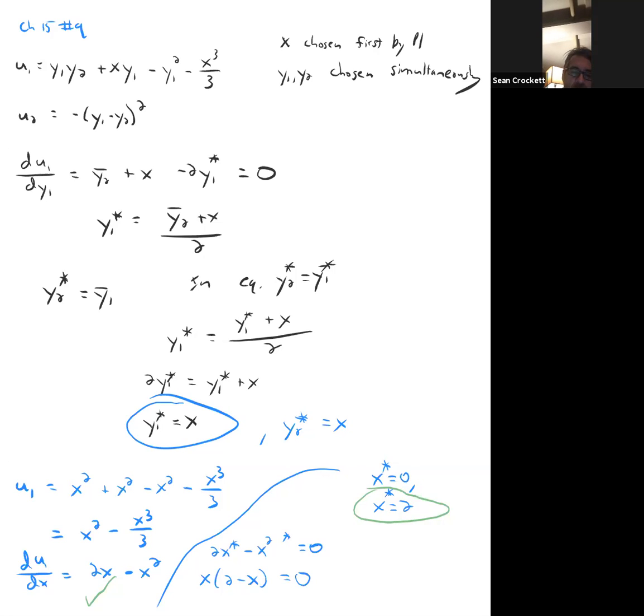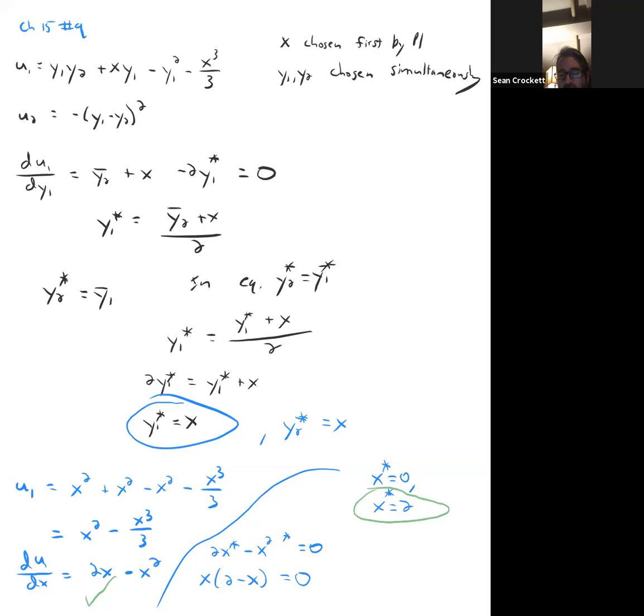And if the subgame is played in equilibrium, then we go back to the initial game and say, okay, the whole game overall has to be played in equilibrium that induces the equilibrium of the subgame. And so player 1 now knows that whatever x he chooses, he's going to also choose that same value for y1, and so is player 2 for y2. So substitute that x in everywhere, and now we have a new profit function, the period 1 profit function.